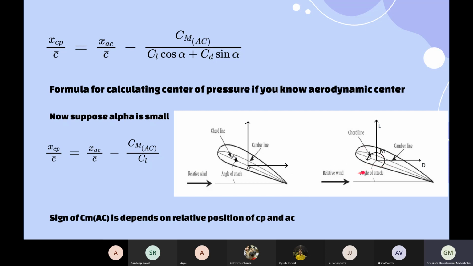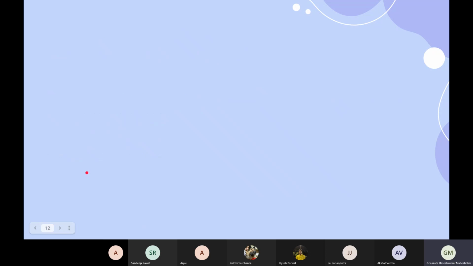So we have to apply a nose down moment at the aerodynamic center to keep both scenarios the same. So the sign of CMAC is negative, we get negative, negative, positive, and we get xcp greater than xac, as we can verify from this diagram. Okay, so this is a formula you need to remember.